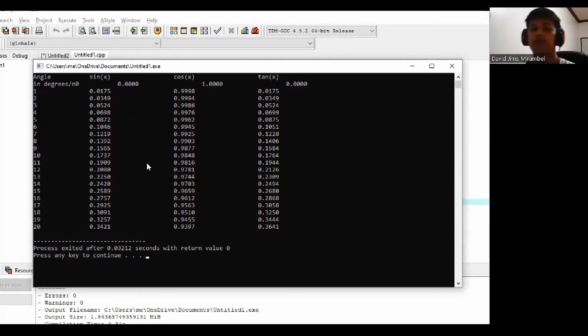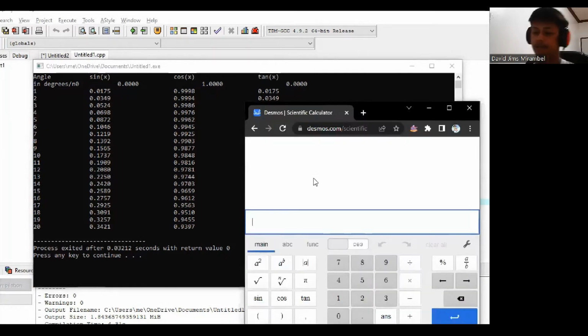For our conclusion, the lists of these digits in the execution were accurate and reliable, because if you use a calculator and type in the angle in degrees, the answers are the same as on the list. Let's take this for example: tan x.